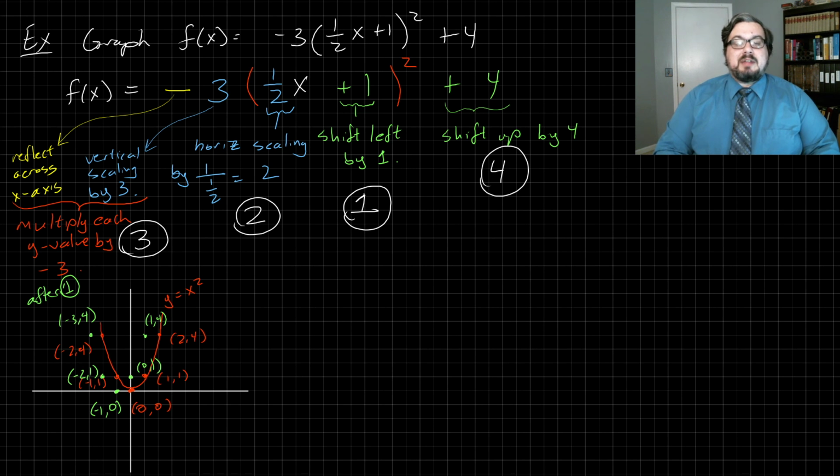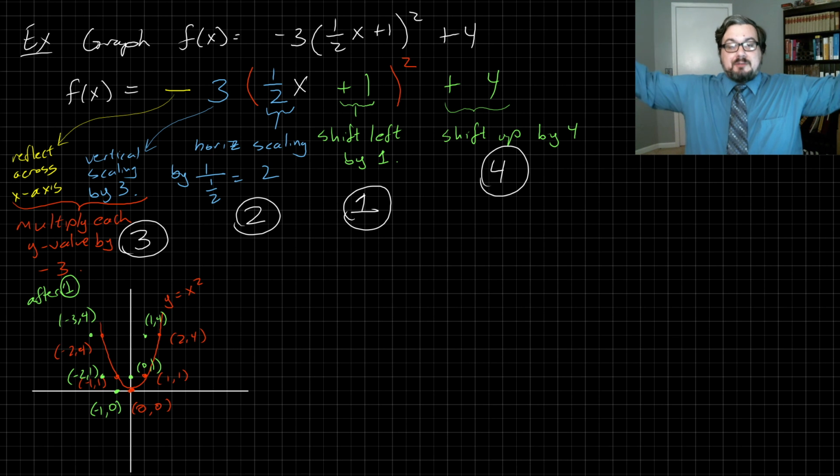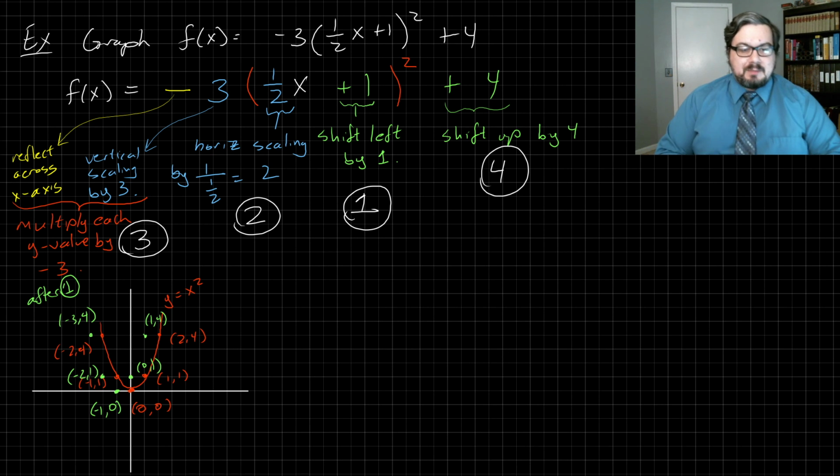Next, we're going to apply the second transformation. We're going to do a horizontal scaling by 2. And what that means is we're going to take each one of our green points now, and multiply their x-coordinate by 2. We're going to stretch everything out by a factor of 2. So this point 1, 4, for instance, goes to the point 2, 4.